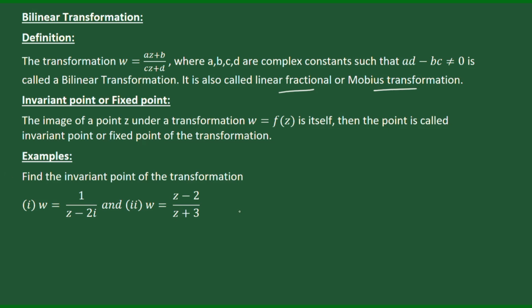Here, as the first example, let us see how to find the invariant point of the transformation W = 1/(Z - 2i), which is a bilinear transformation.